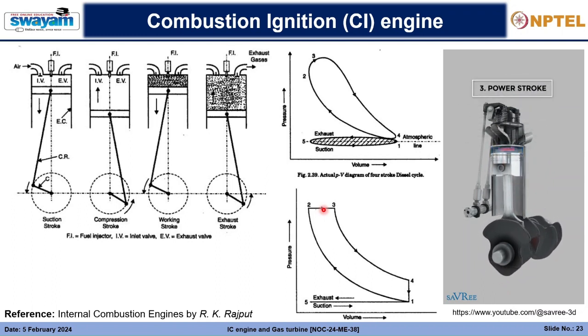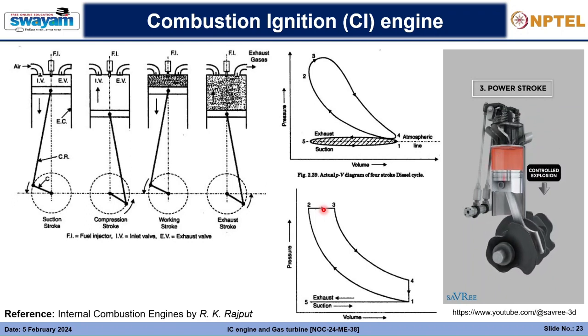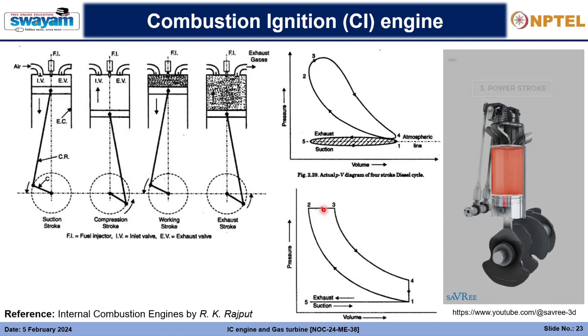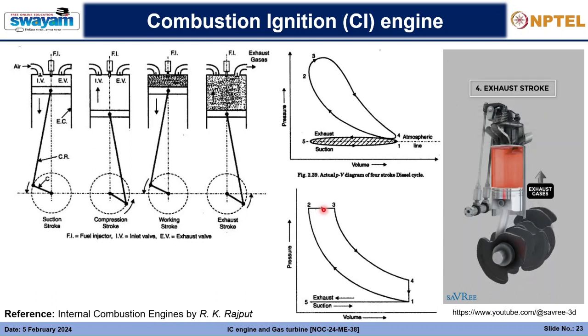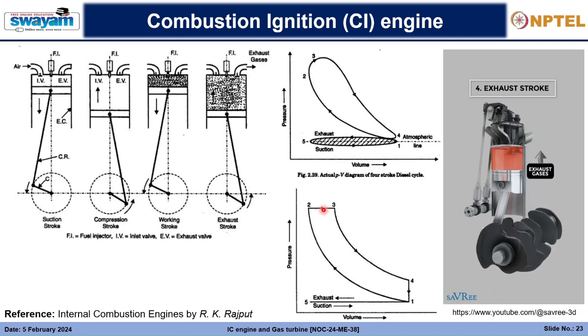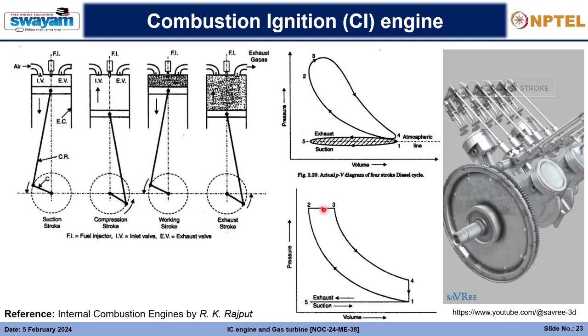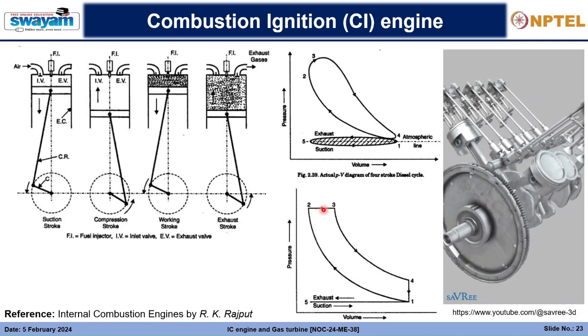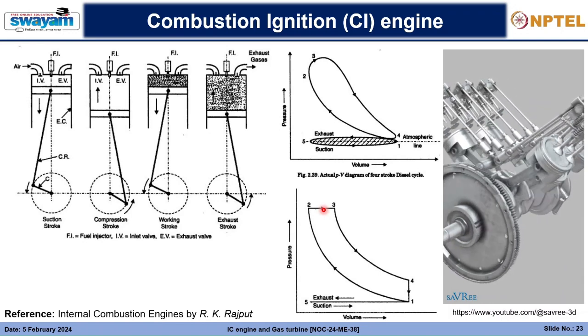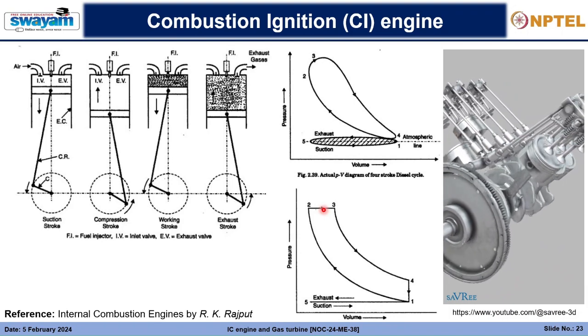Power stroke: fuel is injected and the air-fuel mixture ignites due to the increased pressure and temperature within the cylinder. This causes a controlled explosion. The expanding gases force the piston downwards. Exhaust stroke: the piston moves up, forcing the exhaust gases out of the cylinder via the exhaust gas valves. The four strokes repeat themselves over and over again, generating power, then transferring it to the load.